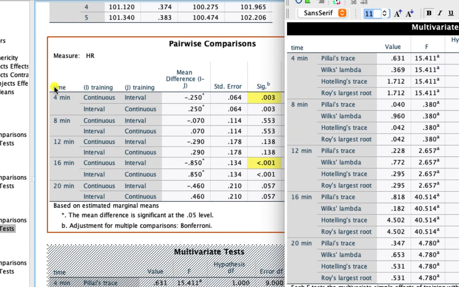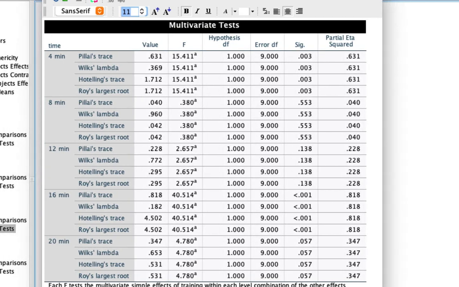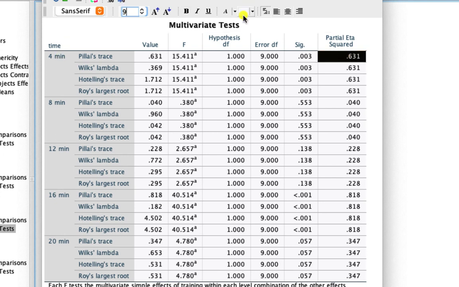We know that we had a significant difference between continuous and interval training within the 4-minute time period. So in this multivariate test, under the 4-minute time period, I can find the effect size for the differences between my training programs, listed as 0.631, which is considered large.